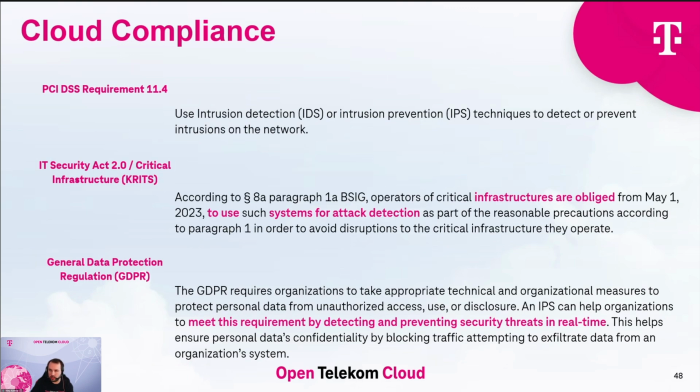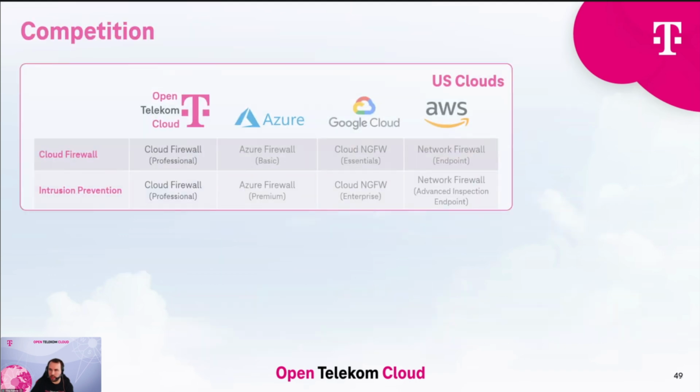Also, I would like to give you a brief overview of where we are positioning ourselves in the market, where our competitors are. Firstly, looking at the big hyperscalers, I have distributed it between Cloud Firewall, meaning these 5-tuple access control policies, and intrusion prevention, blocking attacks and antivirus. We provide the professional version of Cloud Firewall, which is including both.